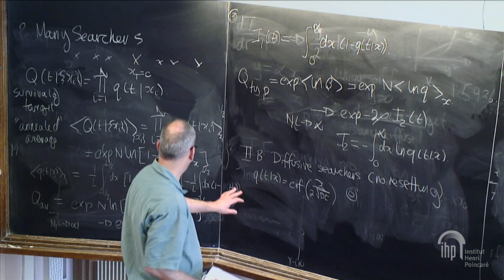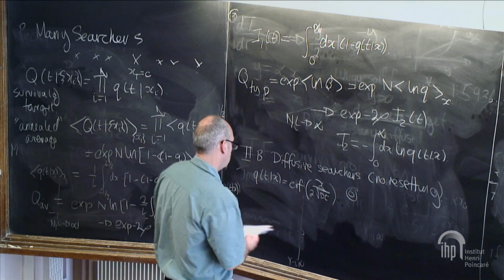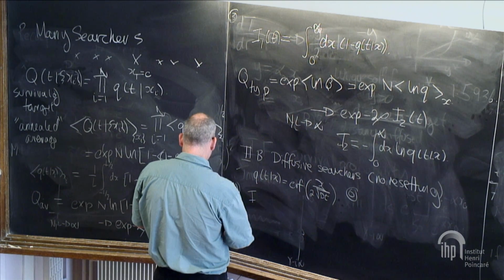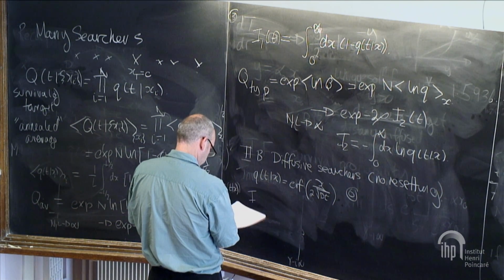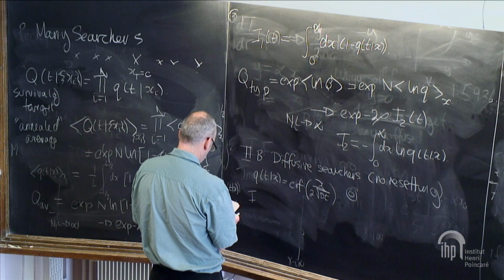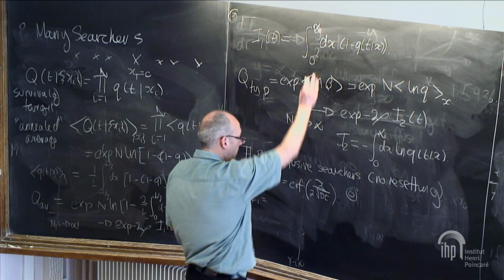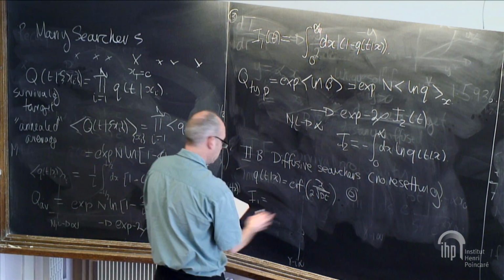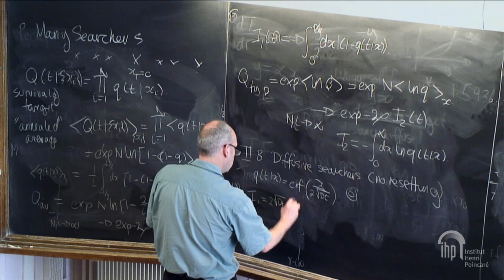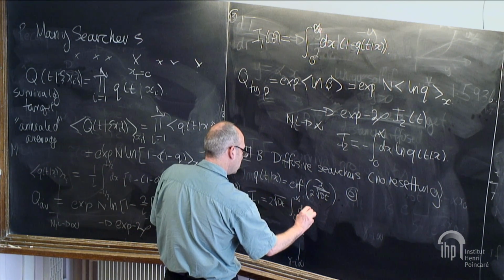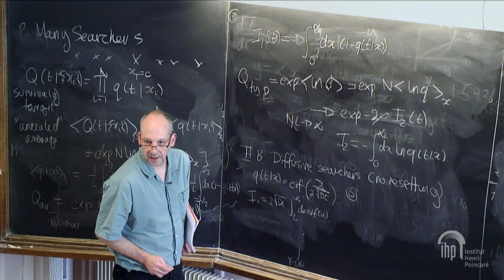If we simply put this in this expression here, I1, if I change variables from x to u, which is this variable here, I'll end up with 2 root Dt, integral from 0 to infinity du, error function of u. I'll just leave that as an exercise, just to change a variable.